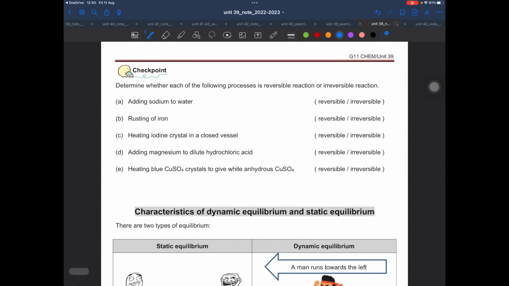And now, here in the chat point, you are asked to distinguish whether the reaction is reversible or irreversible. Now, I give you a powerful hint: ask yourself, if you get enough time and enough reactants, will the reactant concentration go to 0? Yes or no?